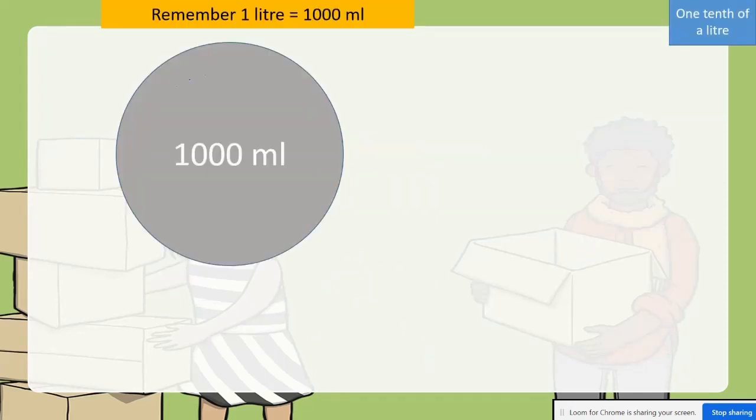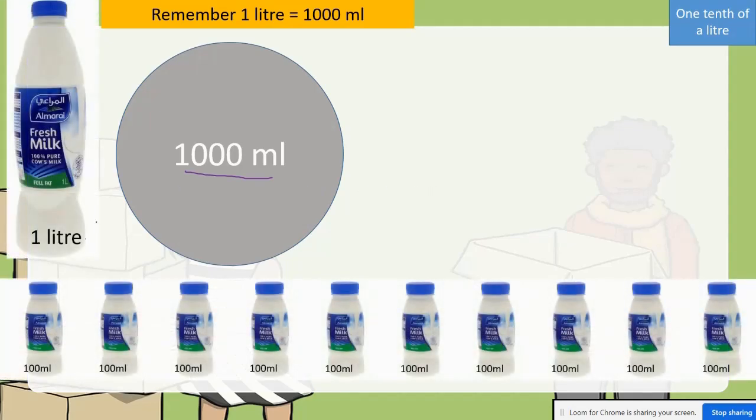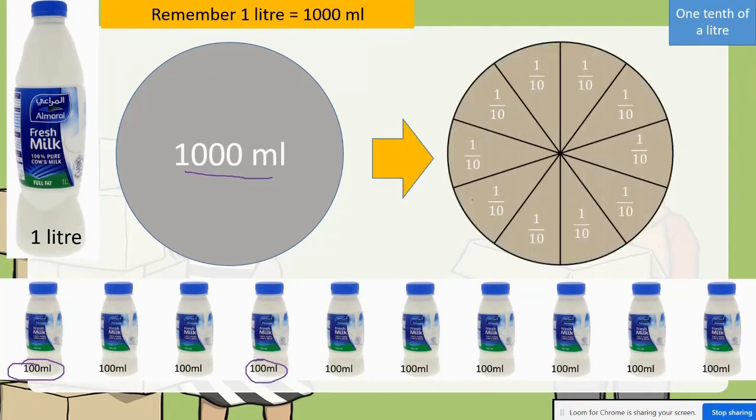I have this circle. Consider this as 1000 ml. And when I divide it into 10 bottles, each bottle will be of 100 ml. Which means when I divide my circle into 10 parts, each part is going to be 1/10 of a liter.